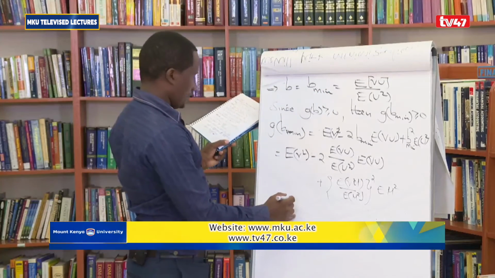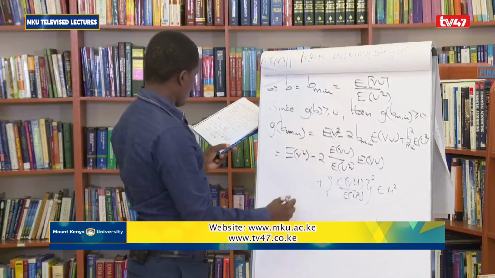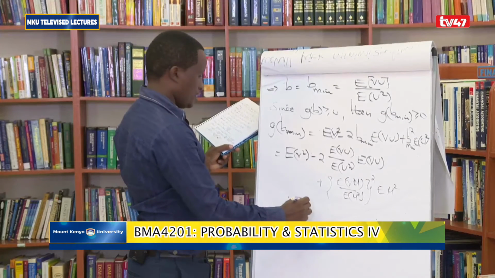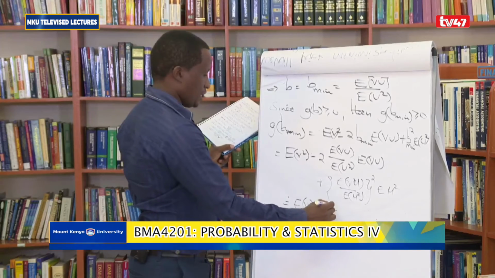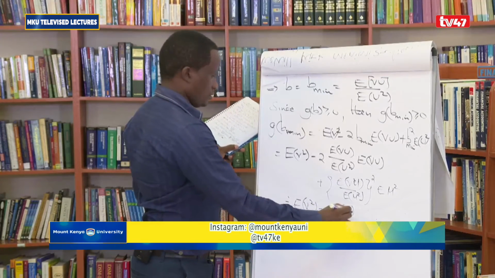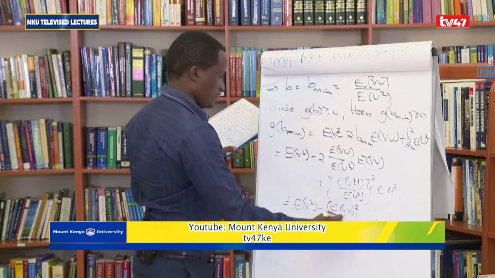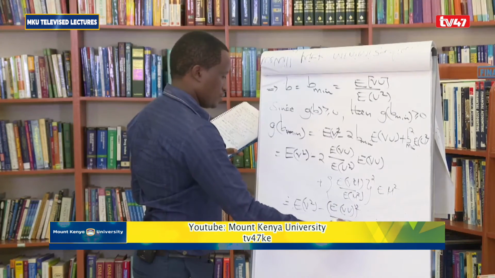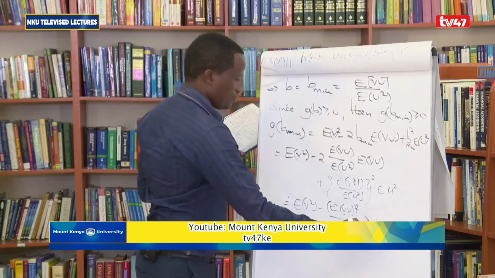So this implies that if we simplify this, it is equal to expected of v squared minus expected of vu, this one squared, divided by expected of u squared, and this should be greater than or equal to 0.